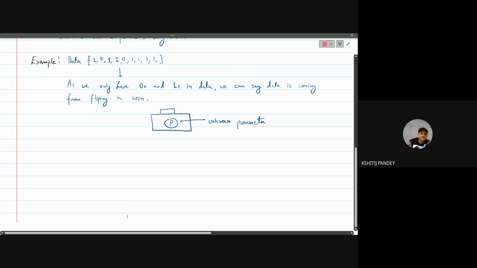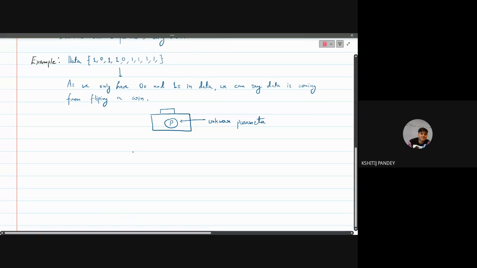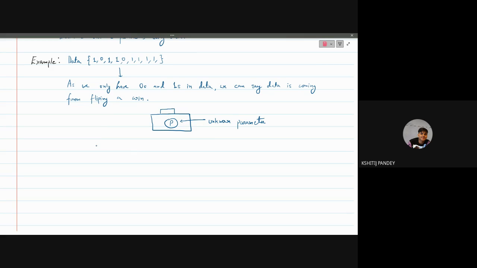Okay, let's continue. So now, how do we find a good guess for p? This data can come from any value of p between 0 and 1, right? This data can be generated from p equal to 0.0001. Well, this can happen, but it's very unlikely, but it is possible.